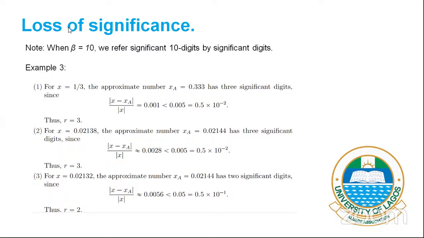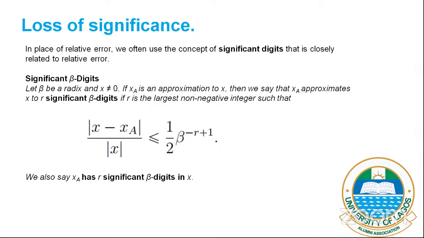Please, can you go back to the formula? My concern is that R, how are you able to get it from that computation? The R is already given in the equation.